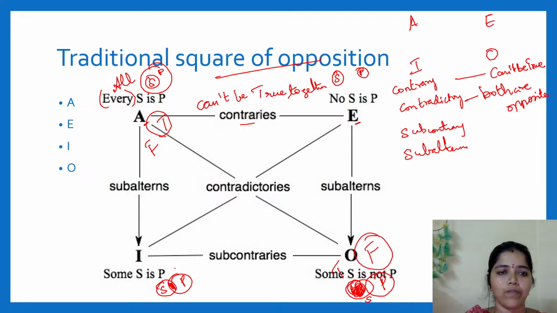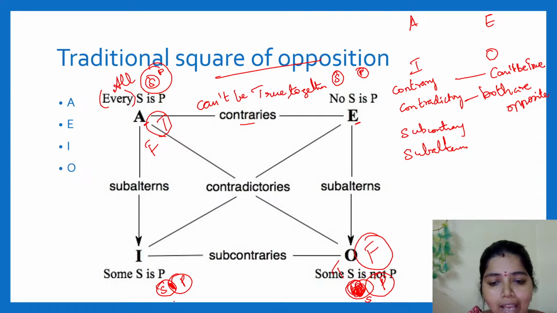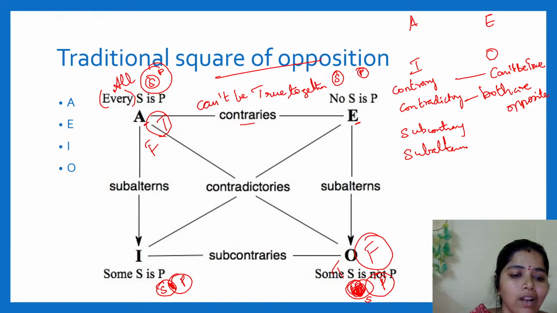Very good, clear. So we have finished two. Next comes subcontrary. Subcontrary means at the bottom. See, here I am telling some politicians are liars, and on the other point I am telling some politicians are not liars. If I say it this way, can both be false together?